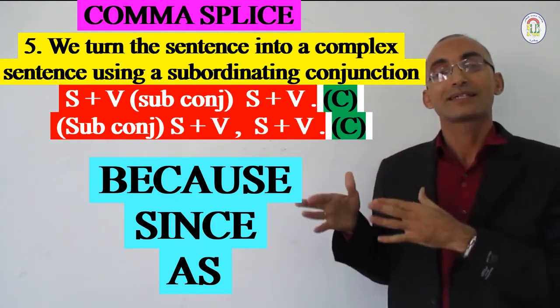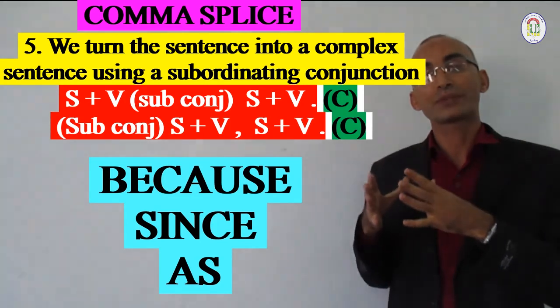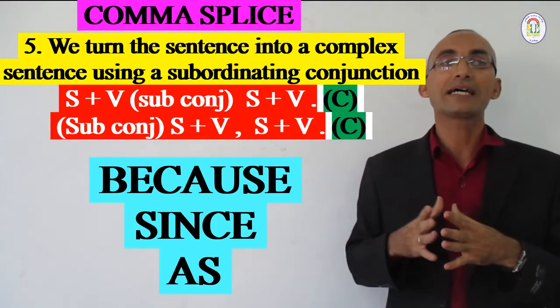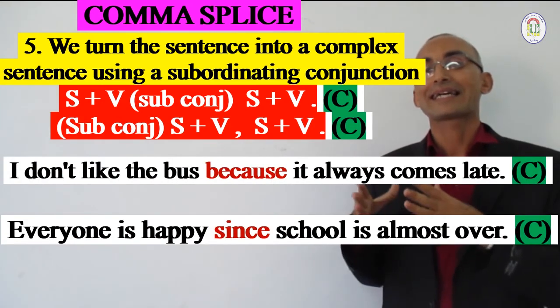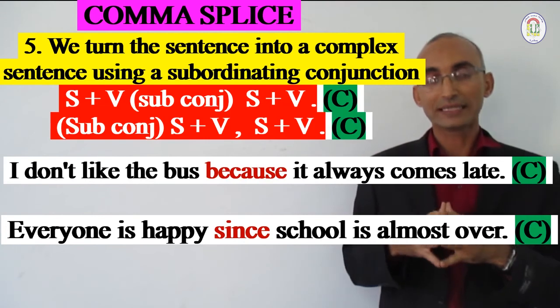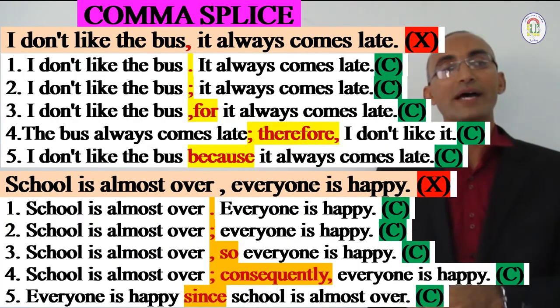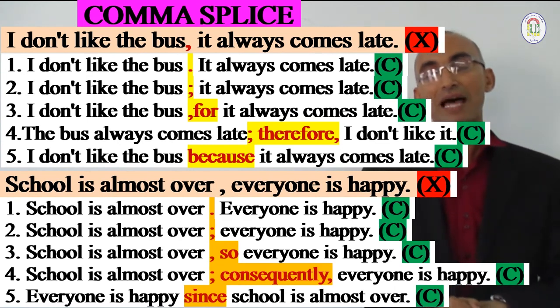So we can correct comma splice also by using the appropriate conjunction of subordination, and we can say: I don't like the bus because it always comes late. So as you see here, we have 4 ways for correcting this comma splice error.